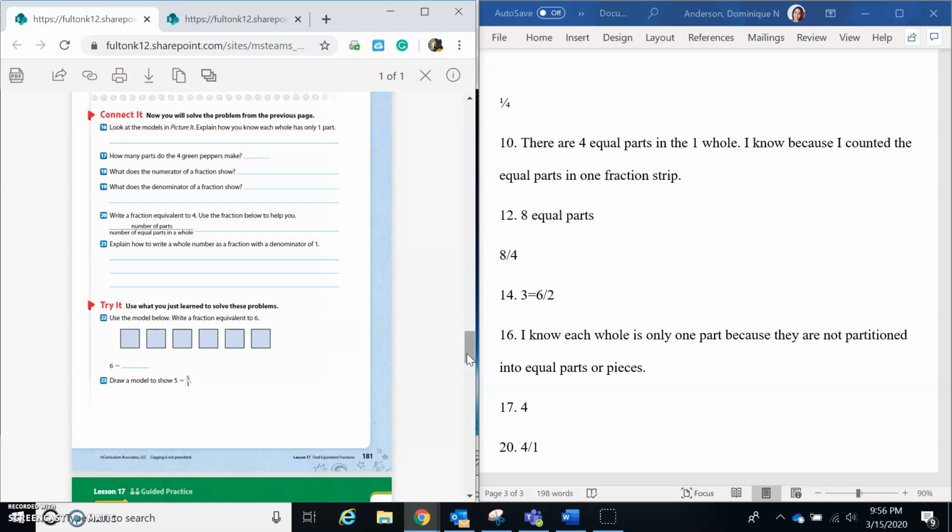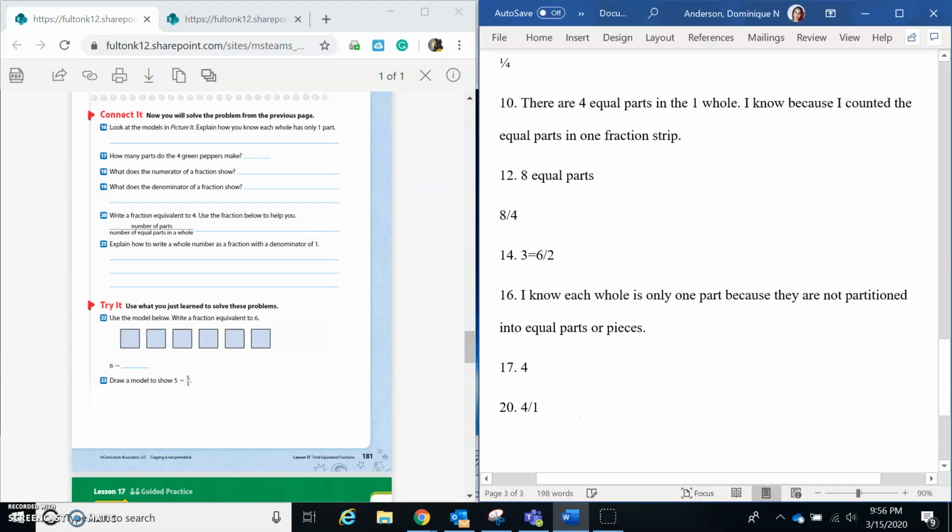Explain how to write a whole number as a fraction with a denominator of 1. I'm going to help you out with this one. So to write a whole number as a fraction with a denominator of 1, what are we going to do first? We're going to count the number of parts.